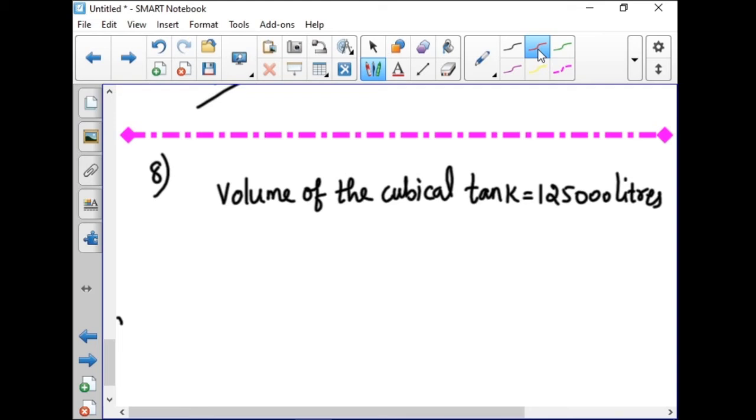That means 1 meter cube is equal to 1000 liter. Okay va? So meter cube-ல இருந்து liter-ஆ மாத்தனா 1000-ஆல் multiply பண்ணனும். But இங்க நம்ம liter-ல இருந்து meter-ஆ convert பண்ண போறோம். So you can take it as 1 liter is equal to 1/1000 meter cube. Okay.